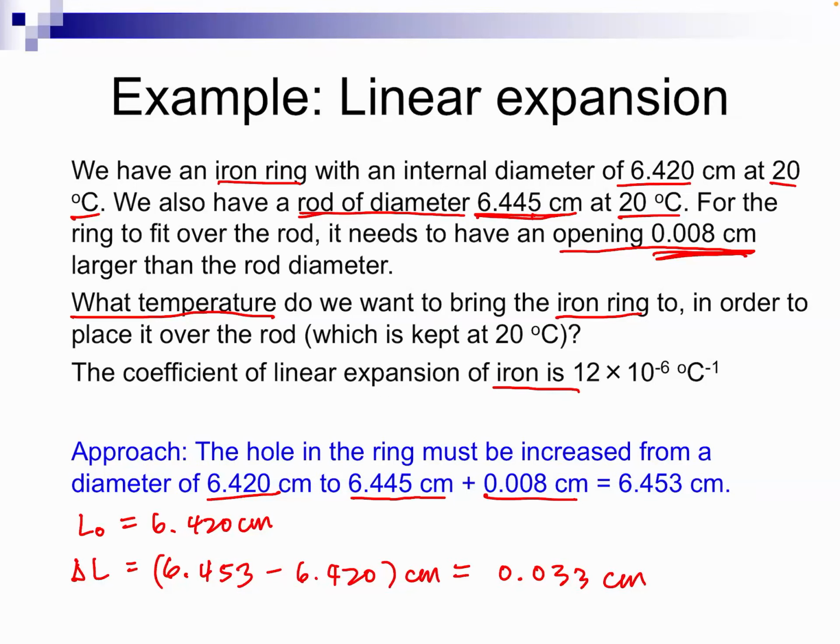Okay, does that make sense? We had to find delta L, how much the diameter of the ring should change, because that's what comes into the relationship for the change in length with the change in temperature. Alpha, of course, is given: 12 times 10 to the minus 6.